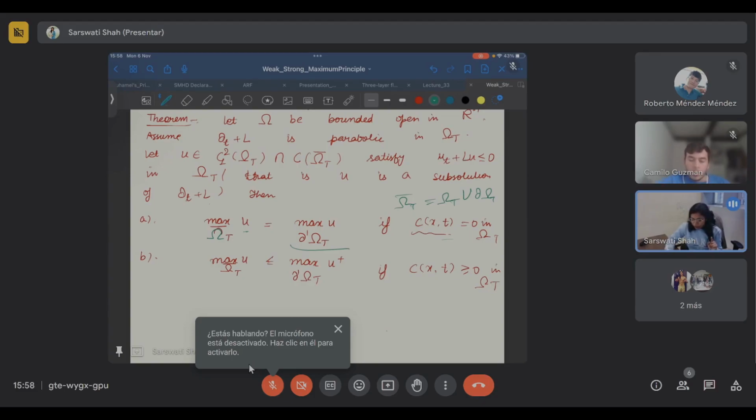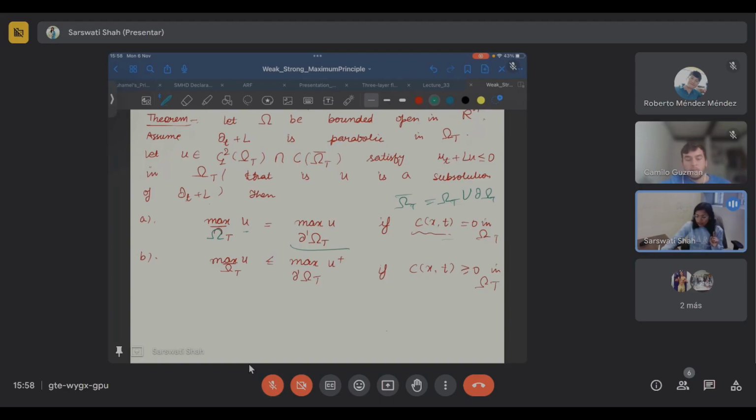And when c is not equal to 0, when c is positive, then the maximum of the positive values will be attained on the boundary and it will always be greater than the maximum of u. So let's write the proof.